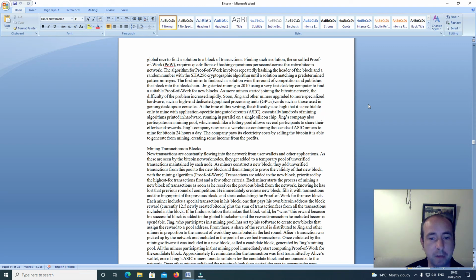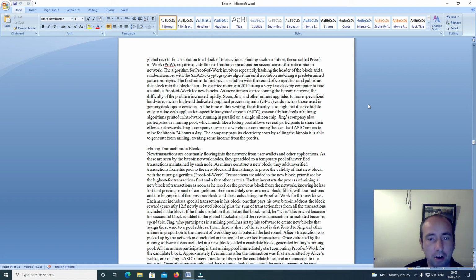The first miner to find such a solution wins the round of the competition and publishes the block into the chain. Jing started mining in 2010 using a very fast desktop computer to find a suitable proof of work for new blocks. As more miners started joining the Bitcoin network, the difficulty of the problem increased rapidly.